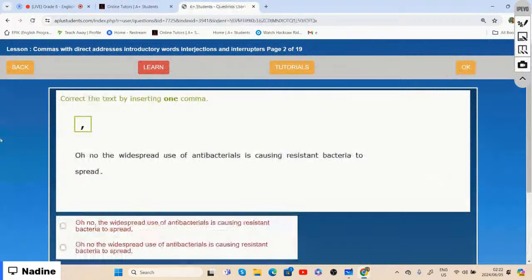Oh no, the widespread use of antibacterials is causing resistant bacteria to spread. We need to insert one comma within that sentence. Are we going to say, oh no, comma, the widespread use of antibacterials is causing resistant bacteria to spread? Or are we going to choose the second option with no commas?